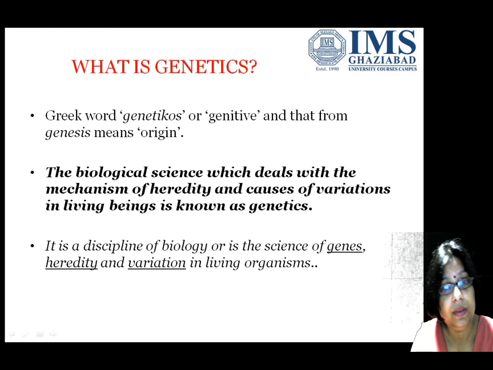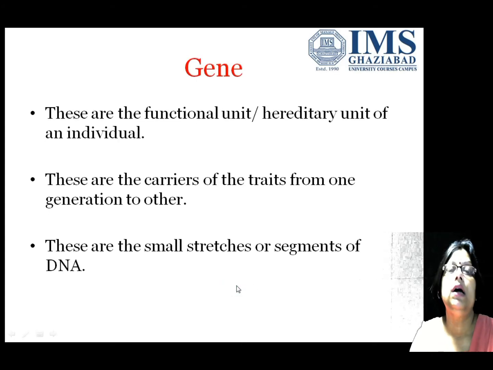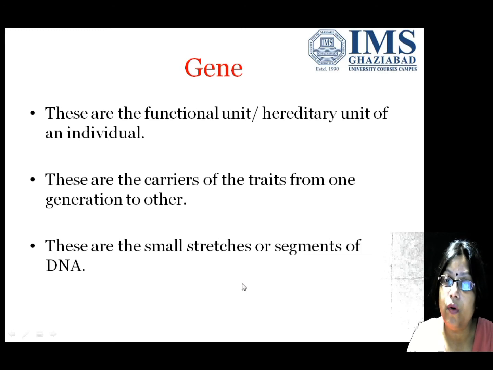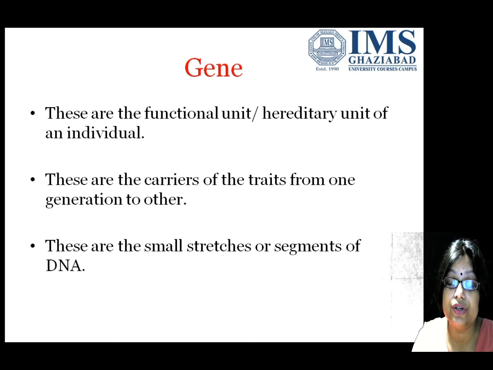Or, in a very simplified way, we can say that it is a science of genes, heredity, and variation in the living organism. Now, come to the very important aspect, that is gene. In genetics, we are discussing how the characters are inherited from one generation to another generation.